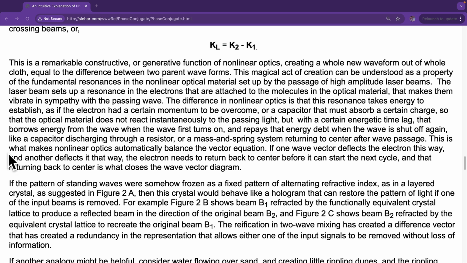This is what makes nonlinear optics automatically balance the vector equation. If one wave vector deflects the electron this way, and another deflects it that way, the electron needs to return back to the center before it can start the next cycle, and that returning back to the center is what closes the wave vector diagram.